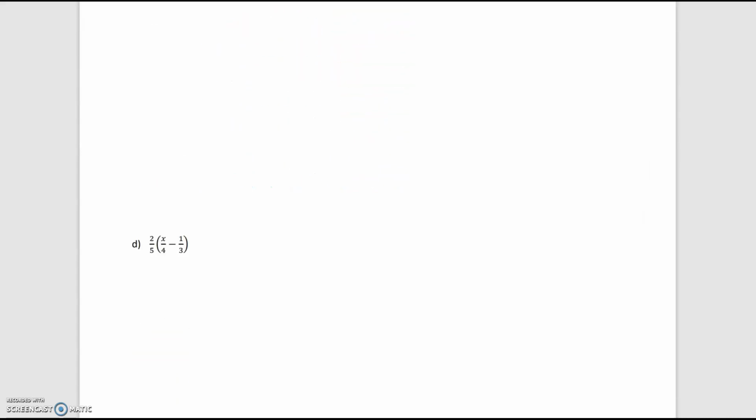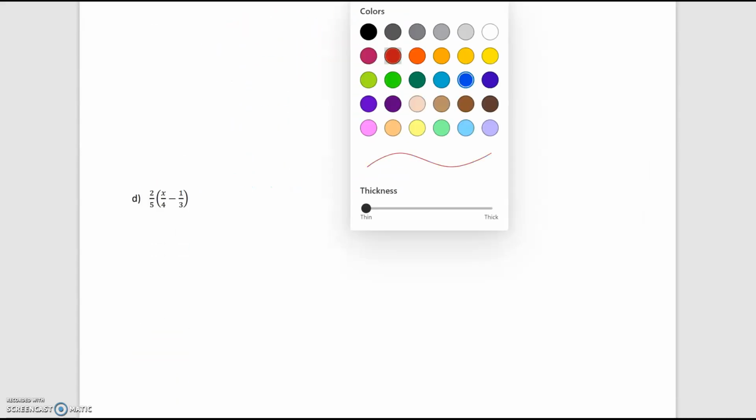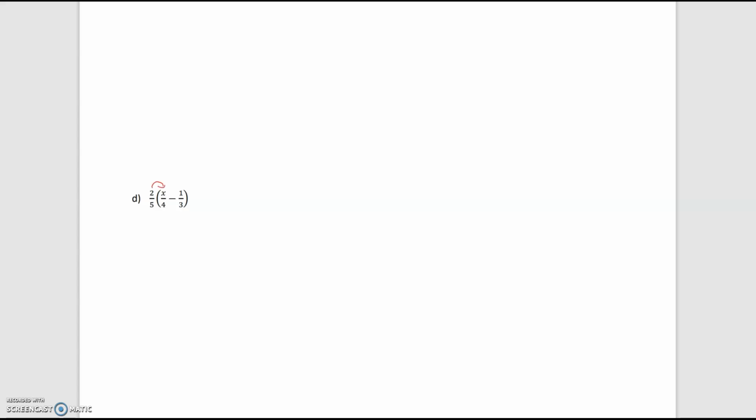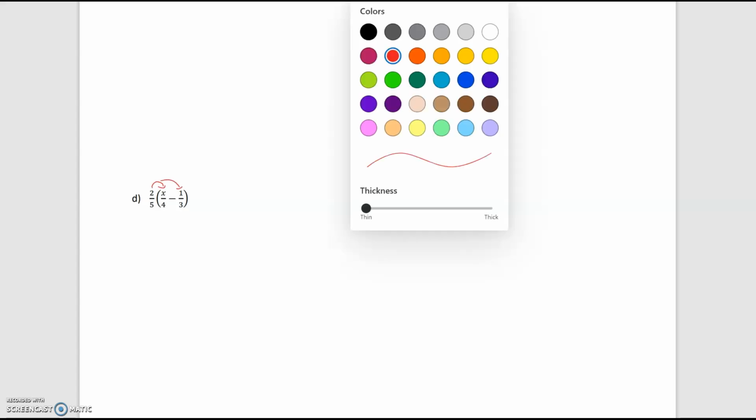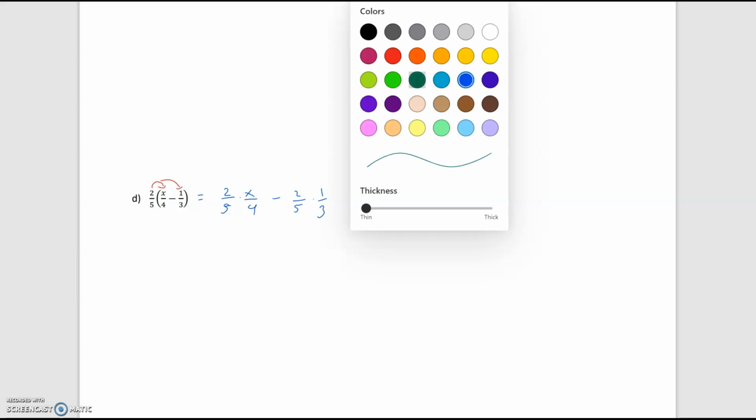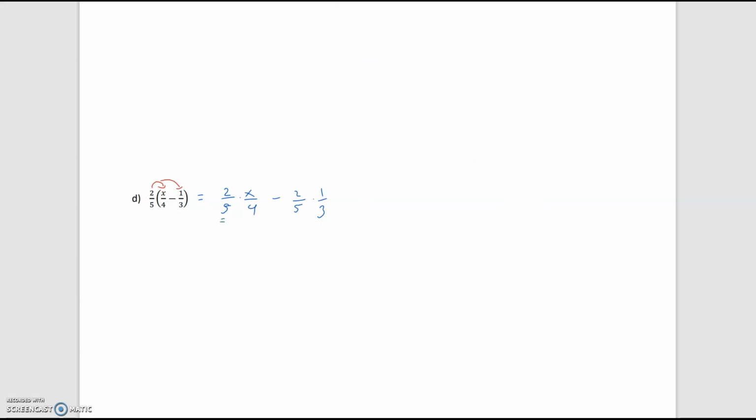Okay, let's move on to D. Now on D, we do have a fraction that will need to be multiplied and simplified. So we technically have 2/5 times x over 4 minus the 2/5 times the 1/3. I'm putting the minus in front, but you can see here the multiplication of the 2/5 to both of the values. And then let me simplify that 4 so we can cancel it.